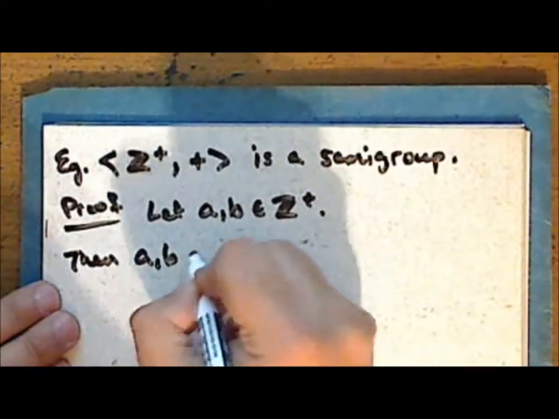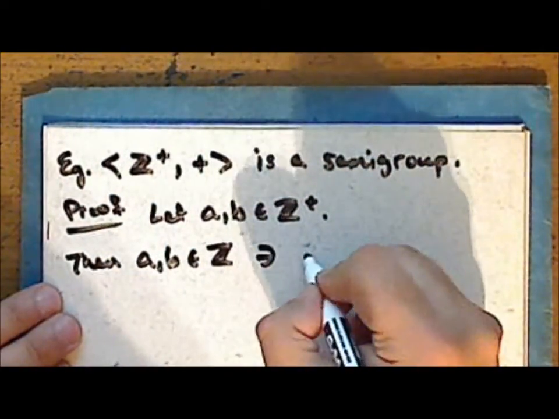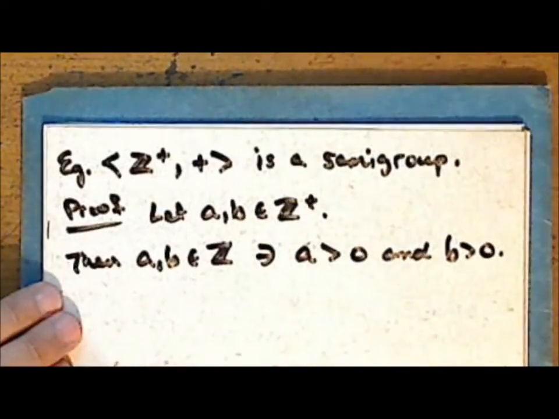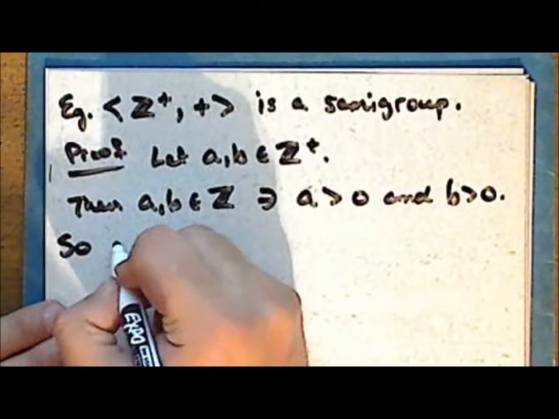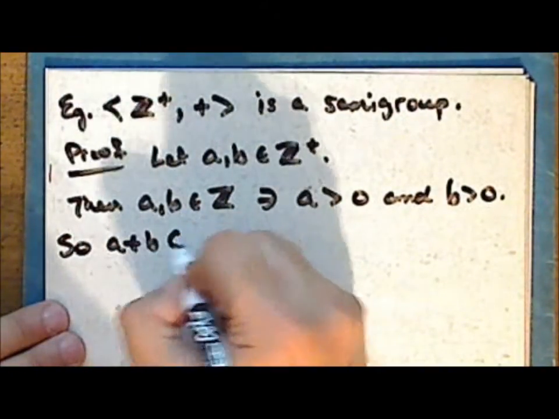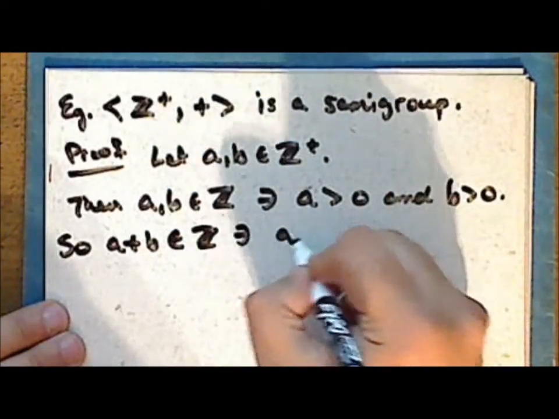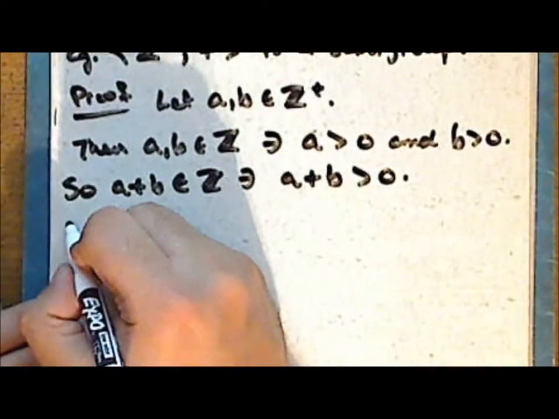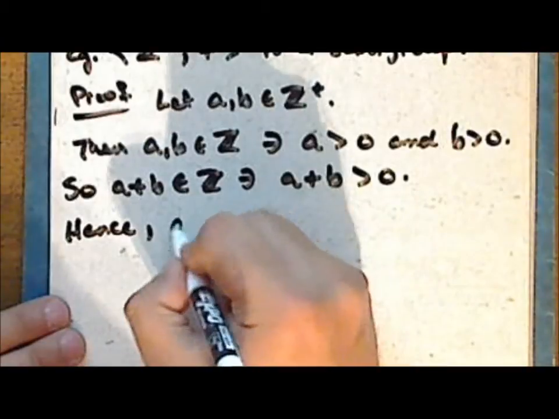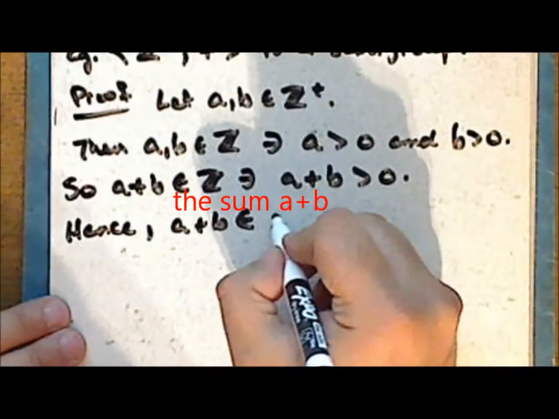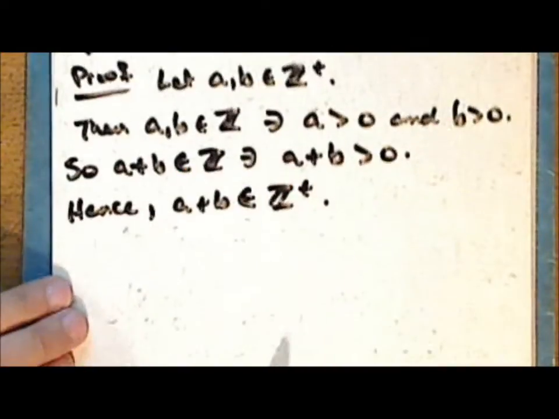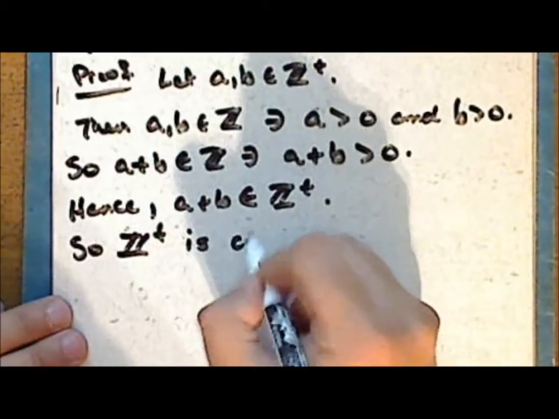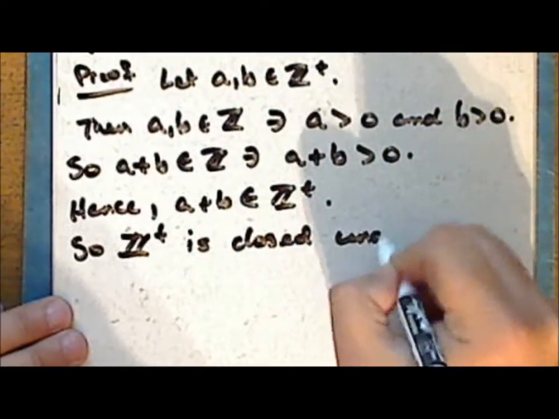Then A and B are integers such that A is greater than 0 and B is greater than 0. And so the sum A plus B is an integer such that A plus B is greater than 0. And hence the sum A plus B is in the set of positive integers. And so the set of positive integers is closed under normal addition.